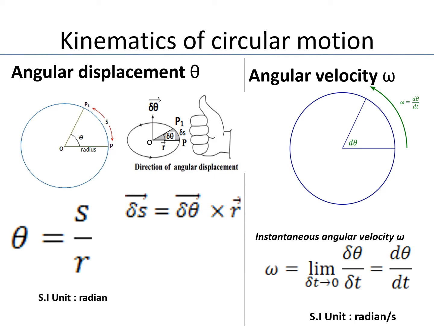The SI unit of angular displacement is radian, and if we consider the angular displacement as a vector, then the direction of angular displacement is given by right hand thumb rule.